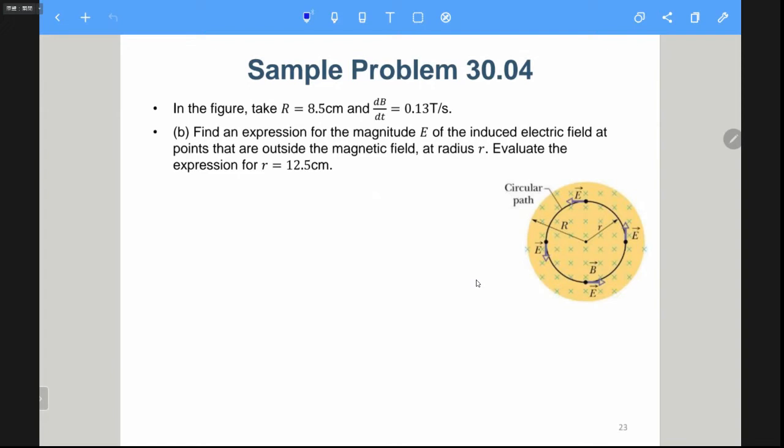We need to find the magnitude E outside this region.